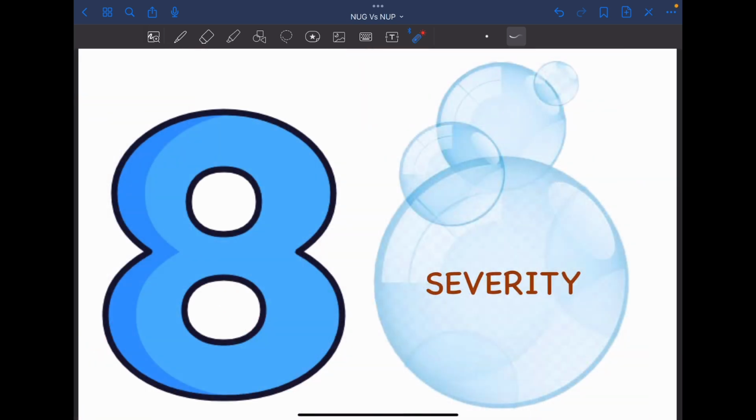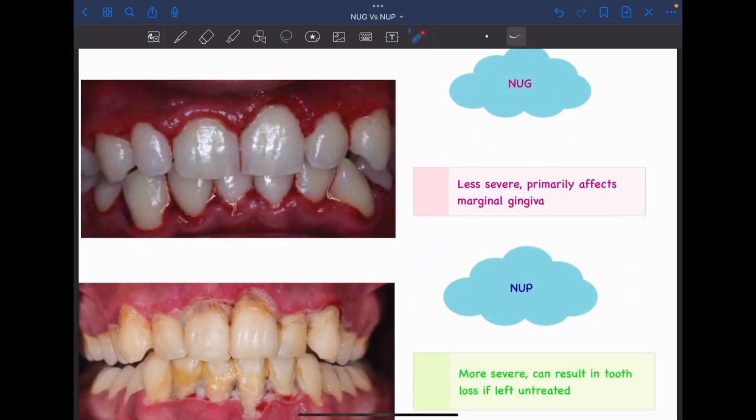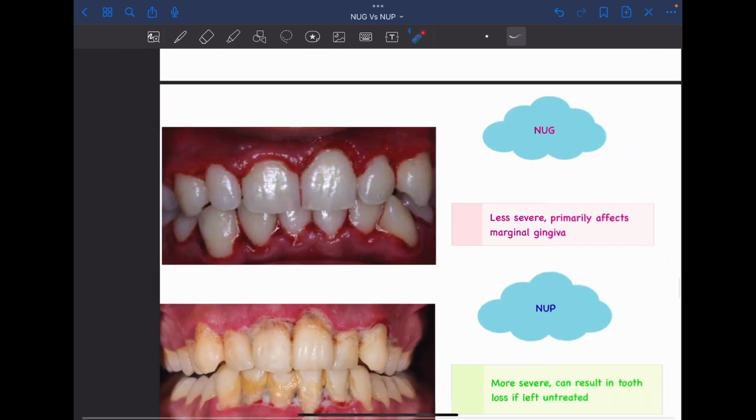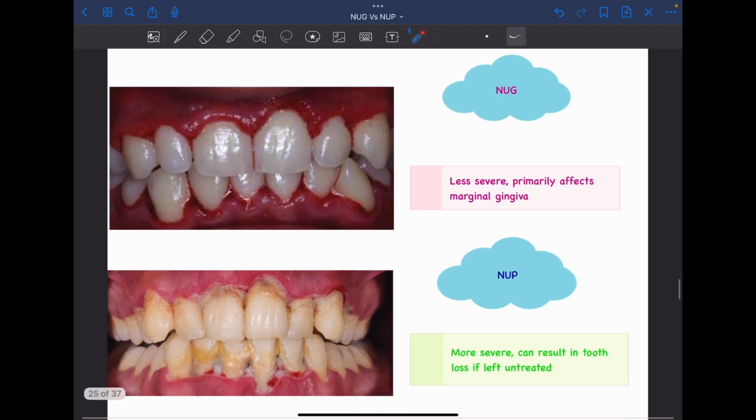Our eighth differentiating point would be on the basis of severity. As we have seen previously, NUG is a less severe form. Here you can see only the gingival tissues are involved. Therefore, it is less severe and it primarily affects the marginal gingiva. In stage 1, it will only involve the marginal gingiva.